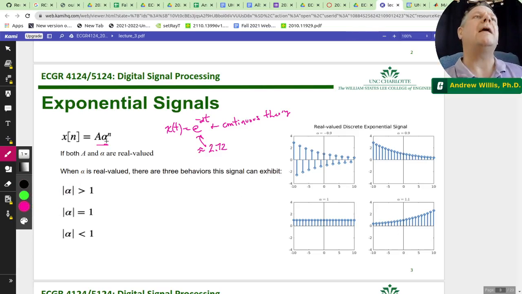But I've written down the exponential signal here slightly differently. All right. And this is because e is a number. All right. Sure, we can make alpha equal to the value e. But in discrete signal processing, in digital signal processing, often alpha doesn't have the value e. Often it's like 1, 2, 0.8, right?